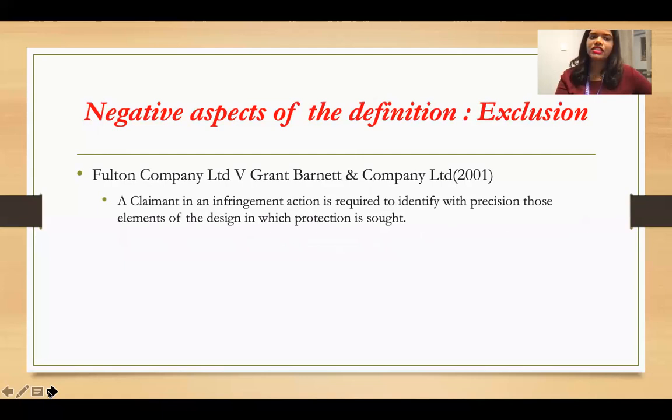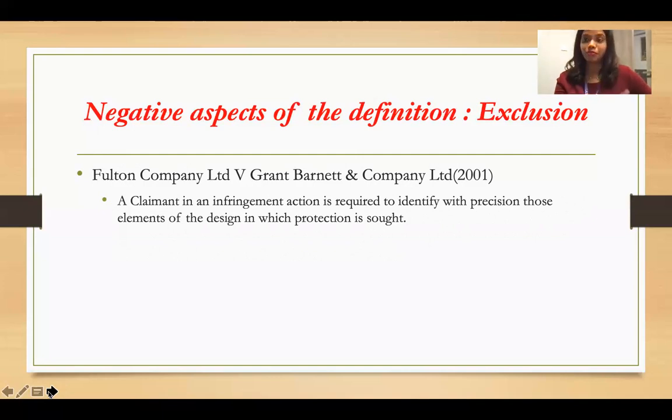Now, in the case of Fulton Company and Grant, Barnett and Company, the courts have held that if the claimant is trying to claim infringement under unregistered design rights, it is very, very important that you be precise on what you are trying to get protection for. Why is it very important to be precise?